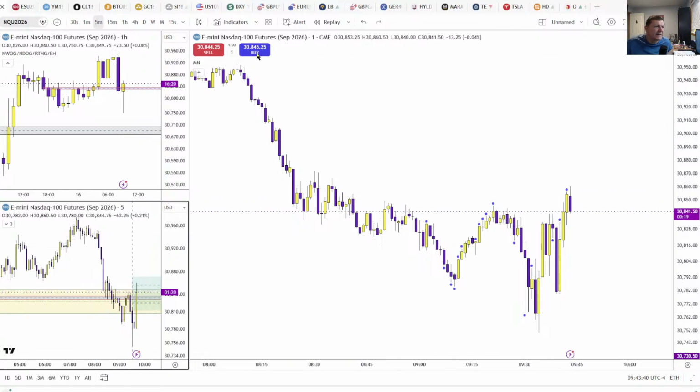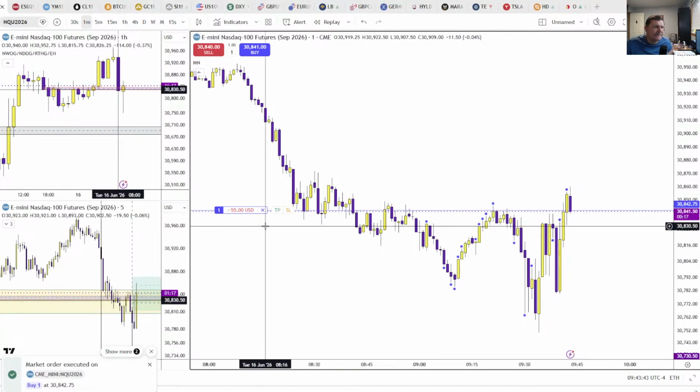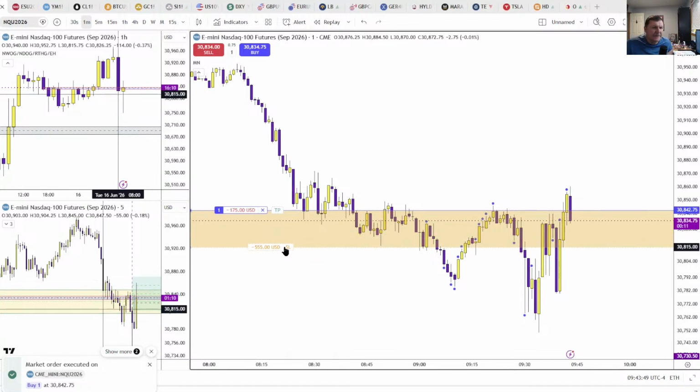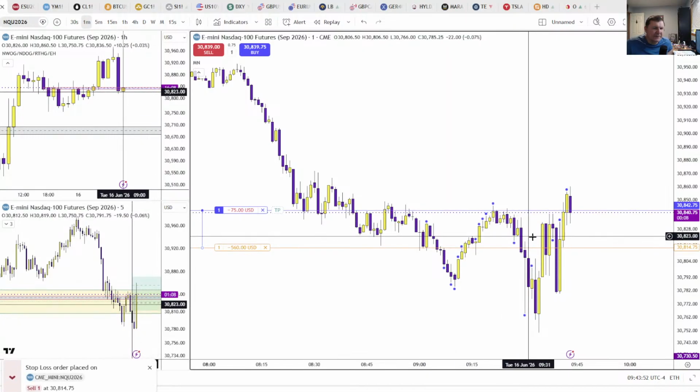Just retest this high now. I'd like to see a buy right there. And you got to be kind of below this spot right here.